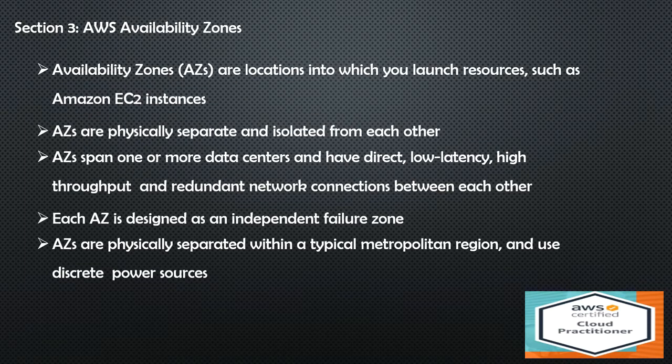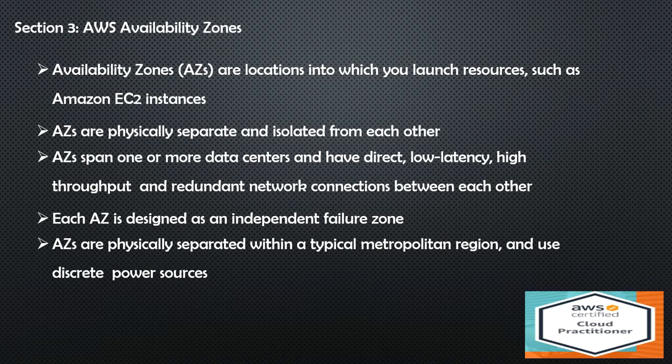So what are AWS availability zones? Availability zones, as I said, are locations into which you launch resources such as Amazon EC2. These are the actual data centers where the hardware and racks are set up, you have the switches in there, and the servers where you will launch those Amazon EC2 instances.